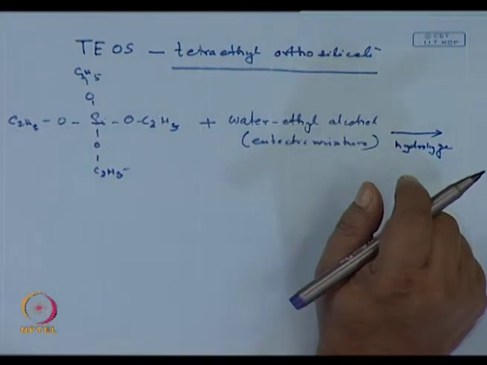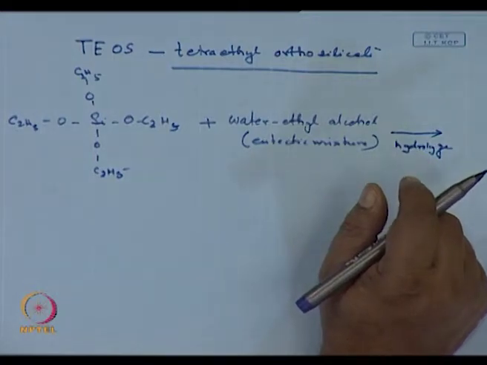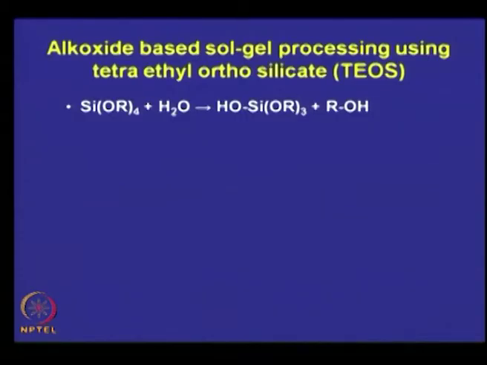What I mean is over here, for brevity's sake, the C2H5 group I am referring to in this overhead as R group. What would happen? The water would hydrolyze and I would get HOSiOR3, releasing an ethyl alcohol because R is C2H5.